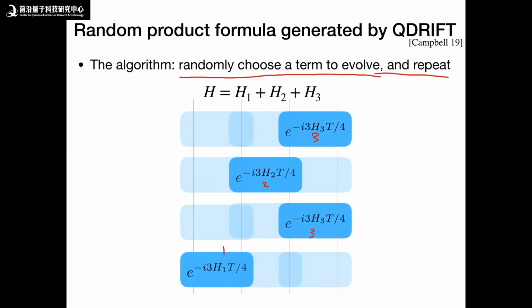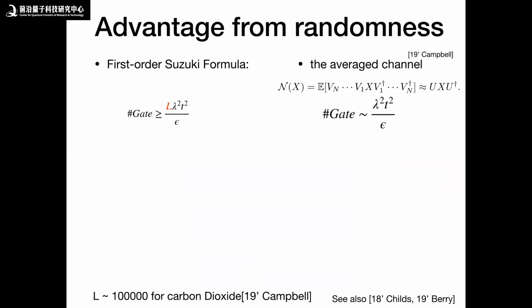It gives you pretty good performance. It turns out it has an L advantage compared to the first order Suzuki formula. I was telling you there's an L here, but once you do randomization, you get an L improvement. And sometimes this L could be fairly large, for example 10,000 or even 100,000. I just quoted that from Campbell's paper.